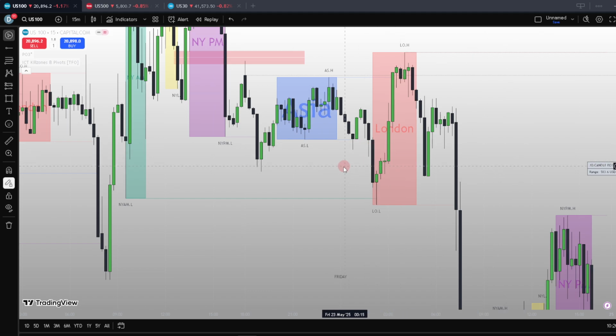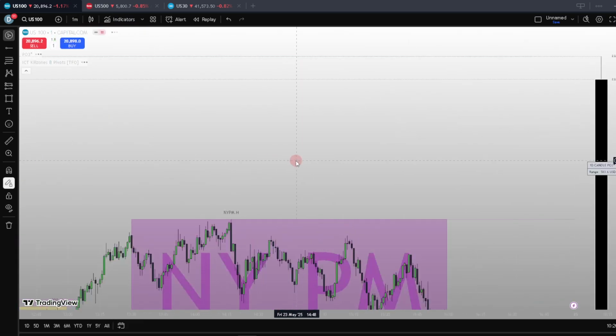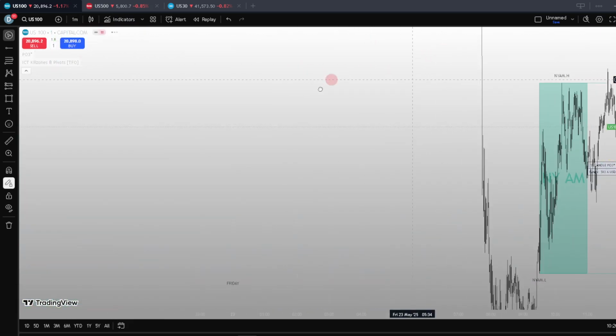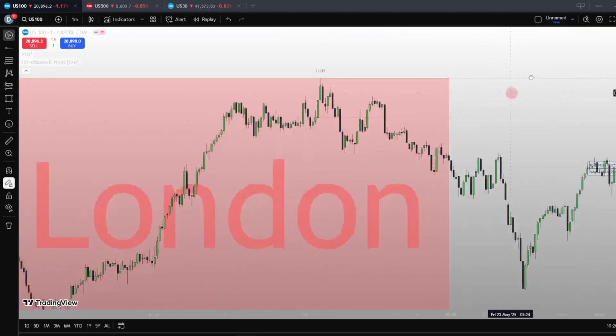The trade that I could have taken, going to the 1 minute time frame, was when price disrespected this fair value gap. So after the 3 a.m. candle closed, price fully disrespected this fair value gap. I would go to the 1 minute time frame and look for a 1 minute entry.